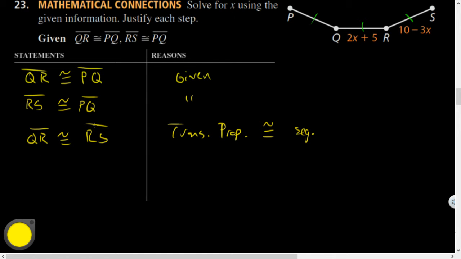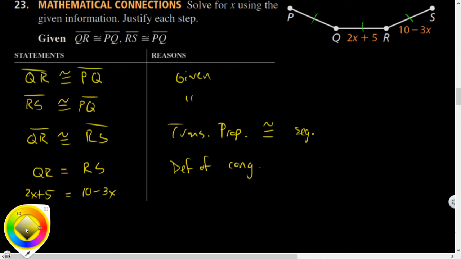Now, if those two things are congruent, then that means that QR equals RS. How do I go from that to that? That's def of congruence. And now I've got Ryan saying that QR, 2x plus 5, I like it, equals 10 minus 3x.